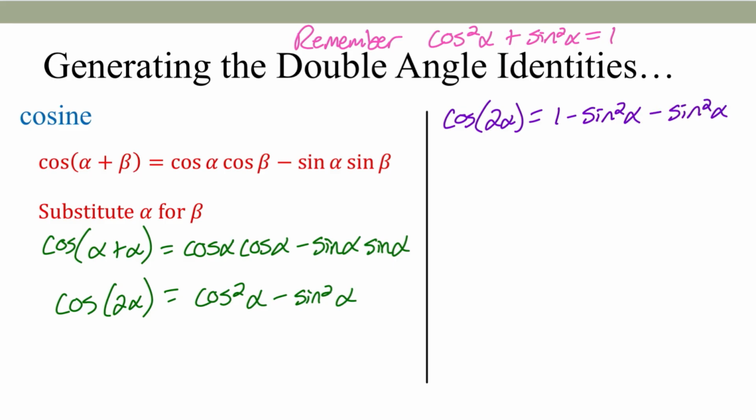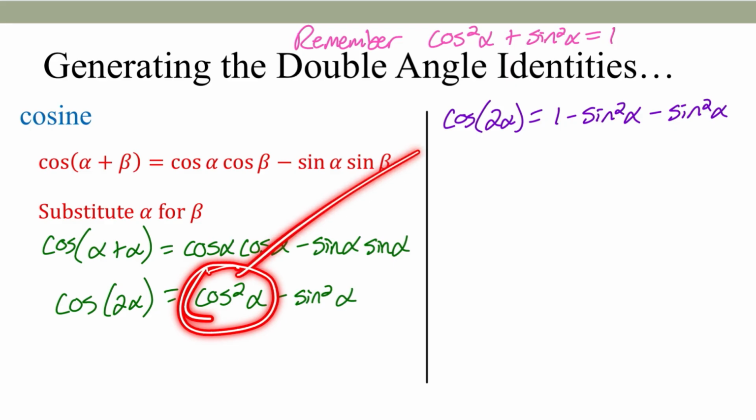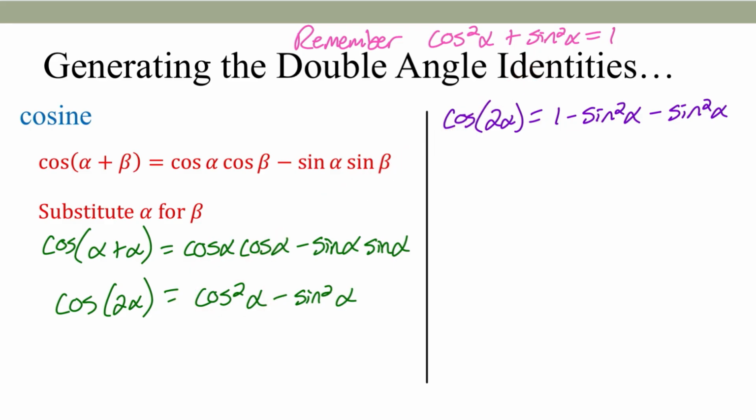Again, I substituted cosine squared alpha with 1 minus sine squared alpha because of the Pythagorean identity. And now negative sine squared alpha minus sine squared alpha is going to be 1 minus 2 sine squared alpha. So this is another version of the cosine double angle identity.